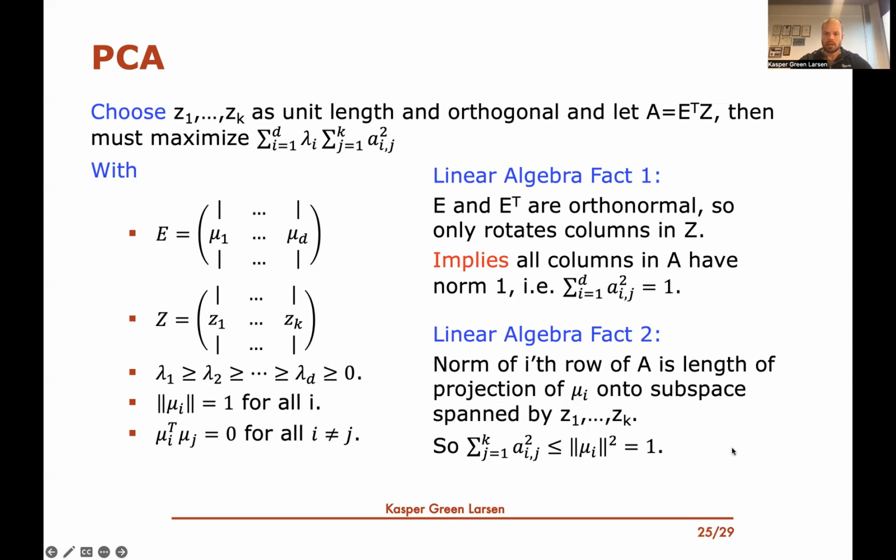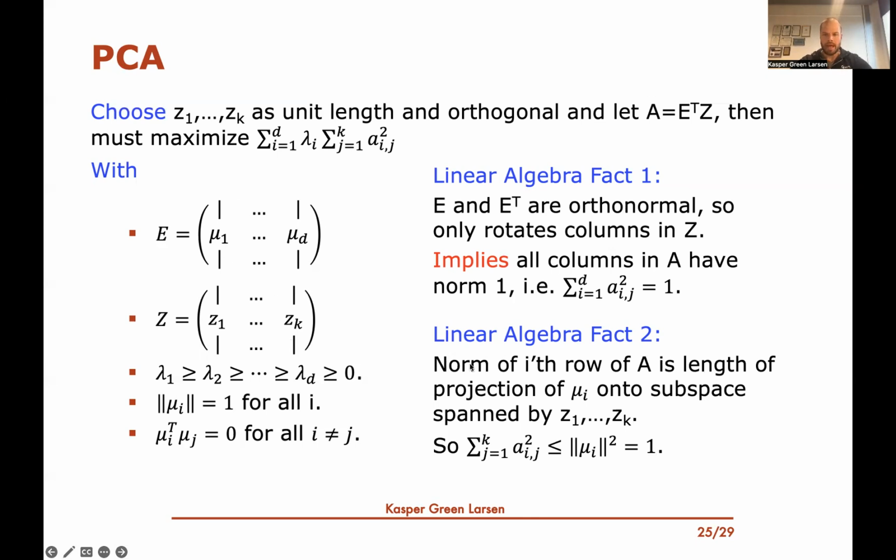So if I sum the squares of a row, I get the squared norm. So the sum of the squares in any row is at most the squared norm of mu i, because we're only getting shorter when we project onto the subspace. And this squared norm was 1, since these were also unit length vectors.